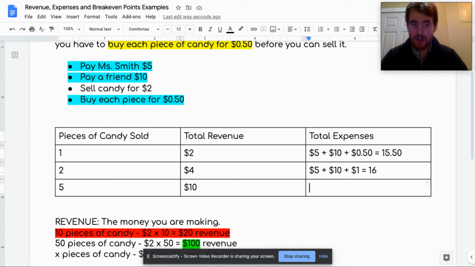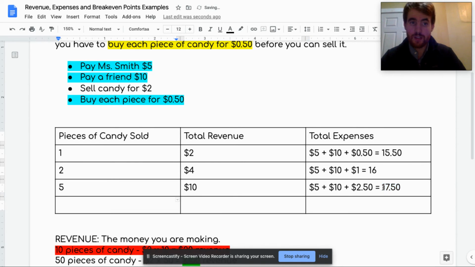Well, now we've got 5 plus 10 plus, and now it's 50 cents times 5, so $2.50. So we have $17.50. You can see the total revenue, $10, is getting closer to the total expenses, but they're still not equal yet. And you could keep doing example after example after example.